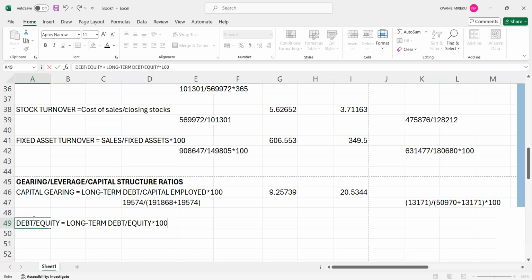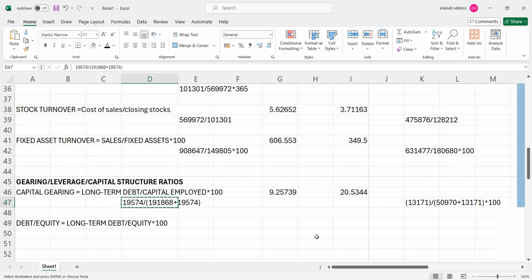Any ratio less than 100% means you have less long-term debt than equity, which makes your company lowly geared. So here, it will not be capital employed now. It will just be the long-term debt over equity.